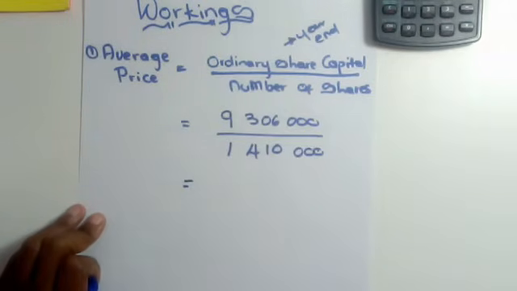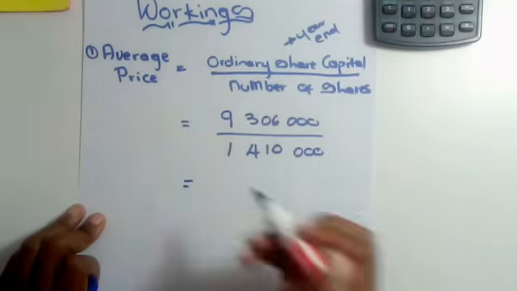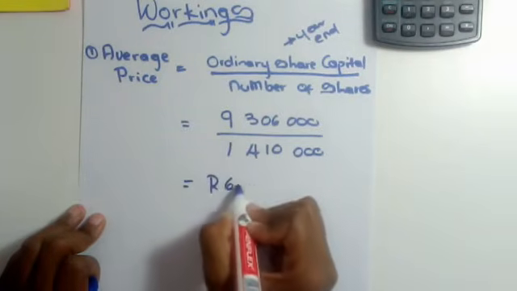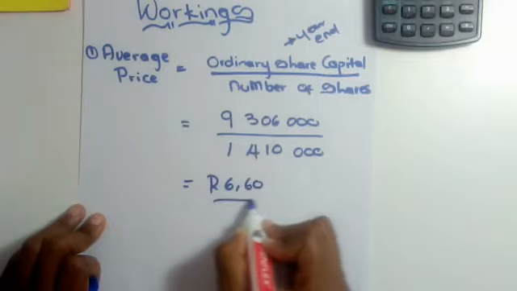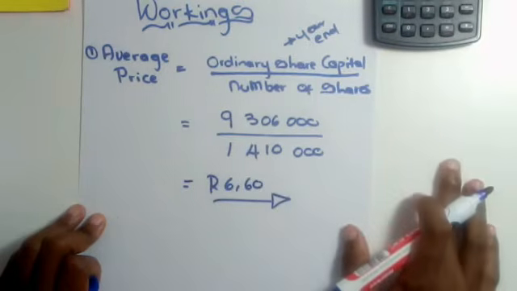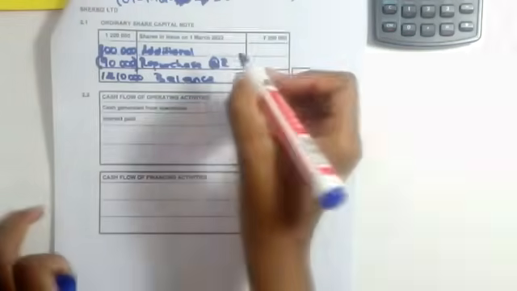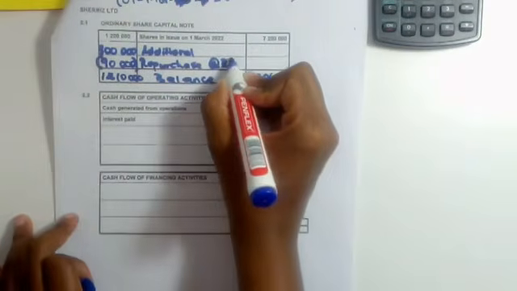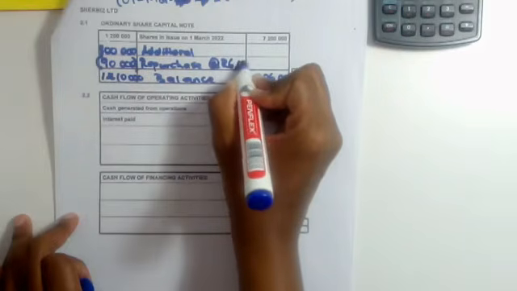All of that gives me a total of 6 rands and 60 cents as my average price. So that's what I'm going to use to calculate my shares repurchased. So now that we know that my average price is 6.60.